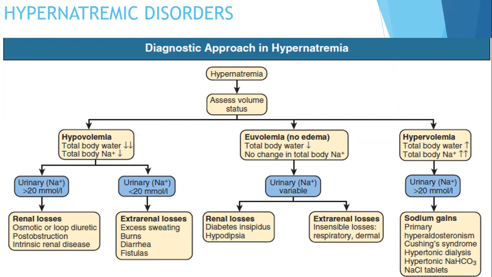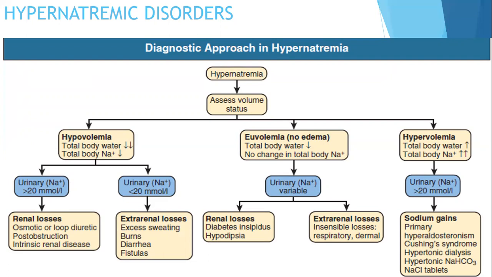If the patient is hypovolemic and the urinary sodium is greater than 20 millimole per liter, then there are renal losses, which can be secondary to osmotic or loop diuretics, post-obstruction, or any other intrinsic renal diseases. If the urinary sodium is less than 20, then the cause can be extra-renal, which includes excessive sweating, burns, diarrhea, or any fistula.